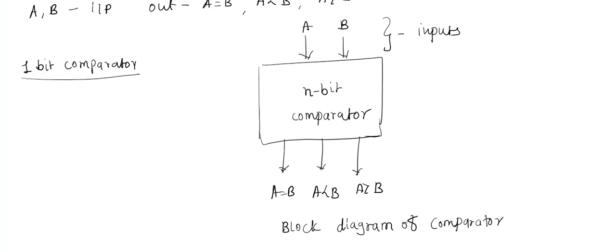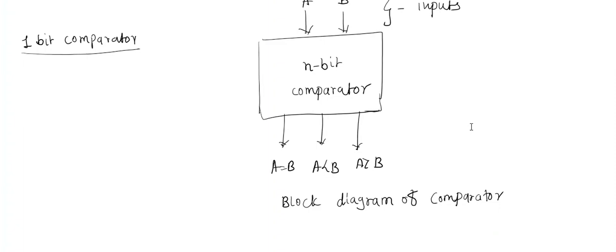Now when I want to perform a 1-bit comparison operation using a 1-bit comparator, the n-bit comparator is acting as a 1-bit comparator. The inputs A and B are 1 bit in size.